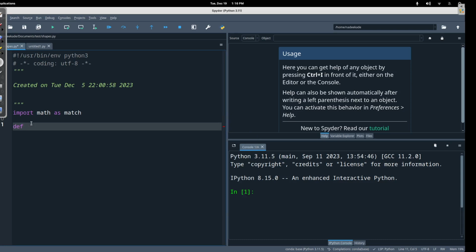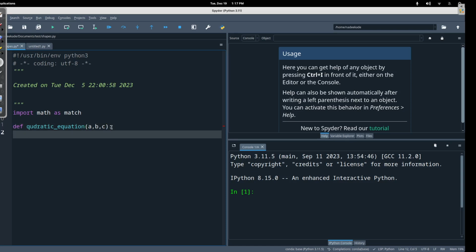We will say quadratic_equation. Here we need to use an underscore. And here we will have three variables, a, b, and c, so the three parameters here. Then here we have to put the colon sign.